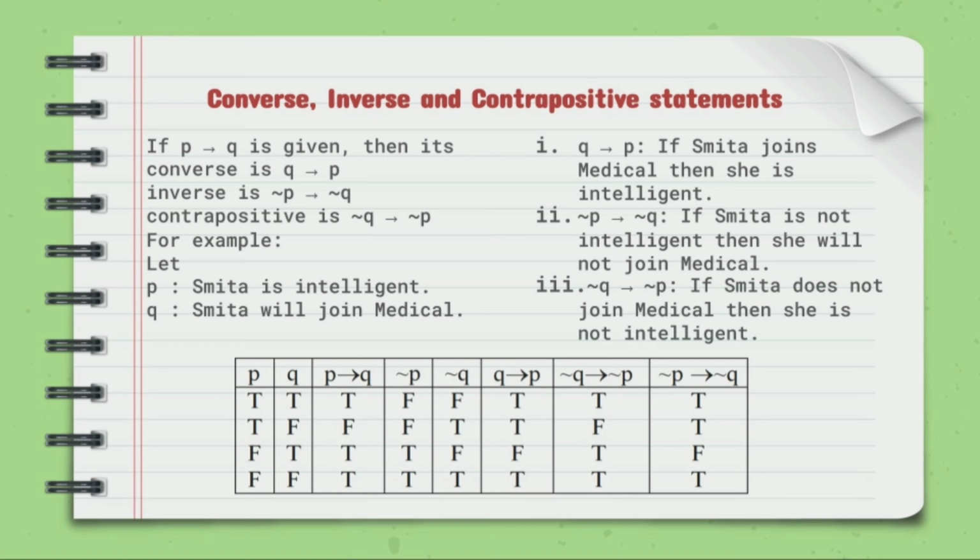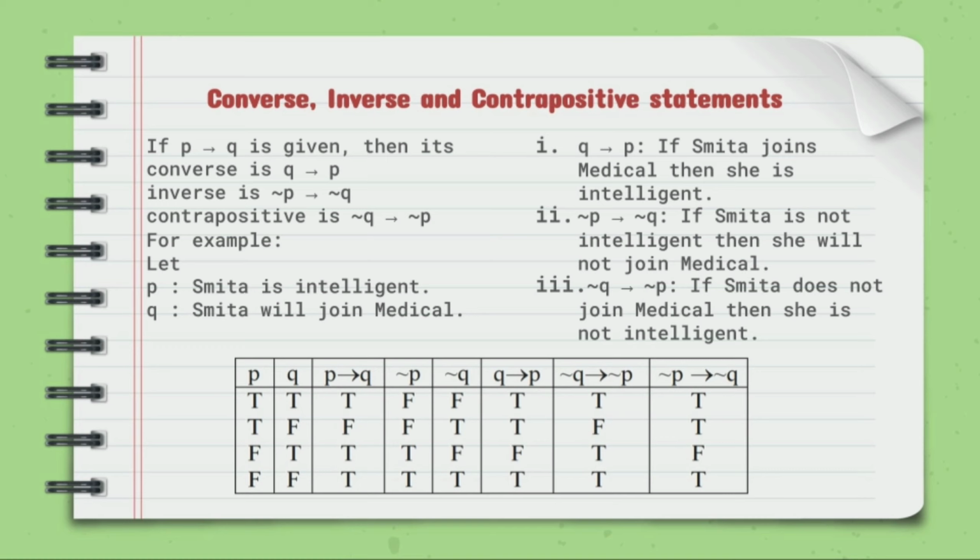For example, let P be Smita is intelligent and Q be Smita will join medical. The converse statement is Q implication P. In essence, if Smita joins medical, then she is intelligent.